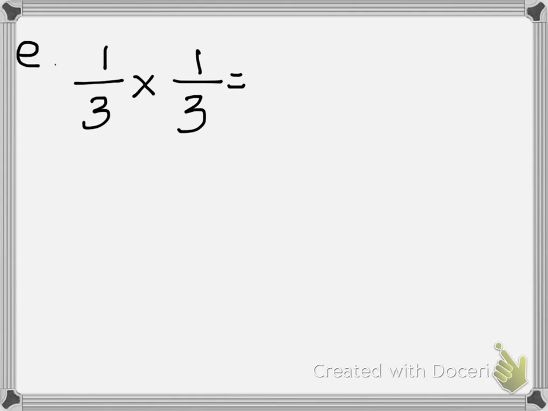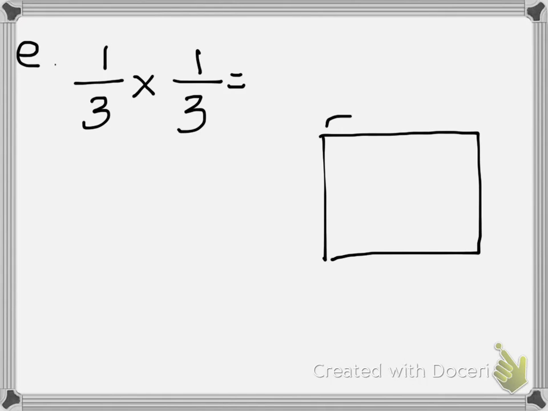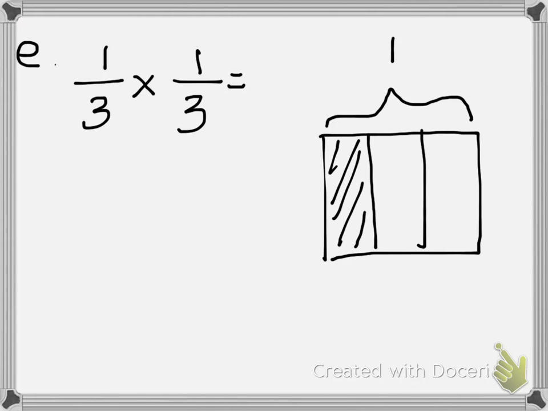Okay, now let's take a look at E. 1/3 times 1/3. Okay, so I'm going to represent one whole, and I'm going to show 1/3 of that whole. That's this fraction here. Then I'm going to find what 1/3 of that 1/3 is.